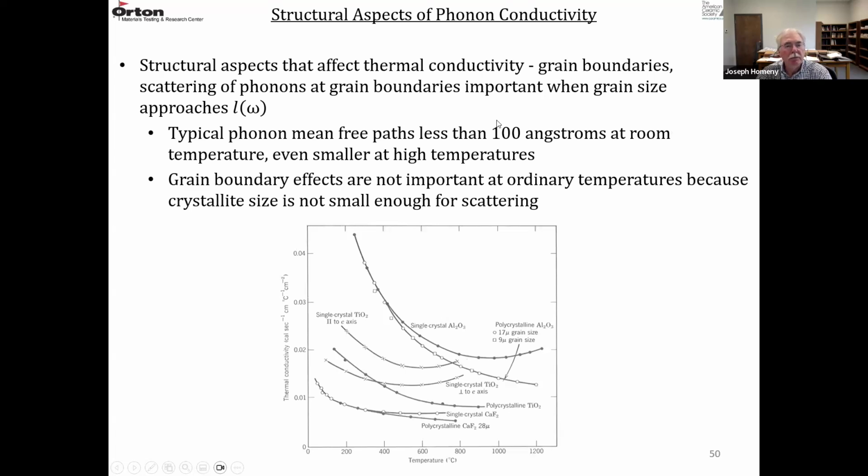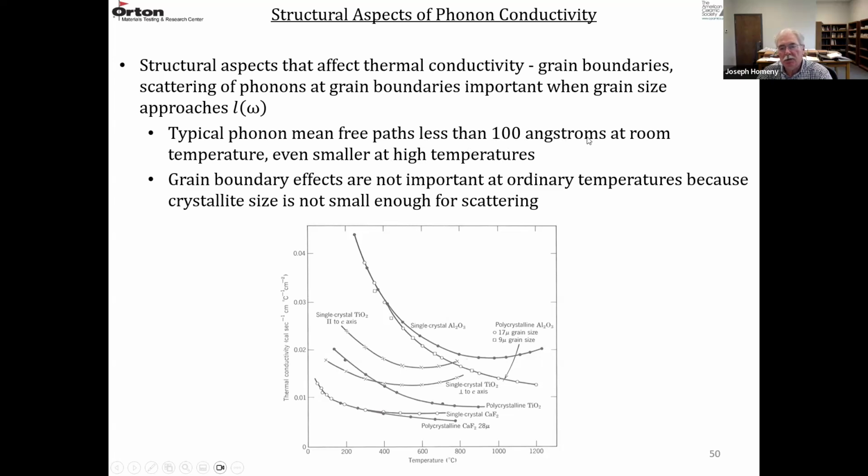Grain boundaries, they scatter photons only when the grain size approaches the mean free path. So mean free paths close to absolute zero are quite large, but at room temperature, high temperatures, they're pretty small.